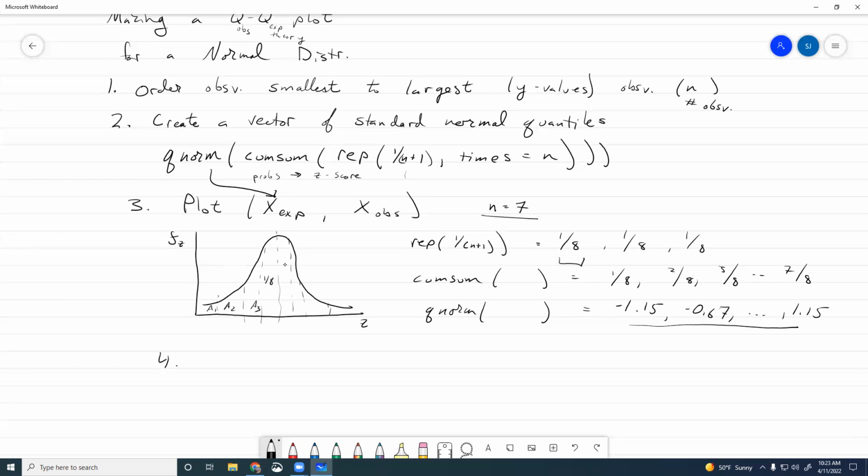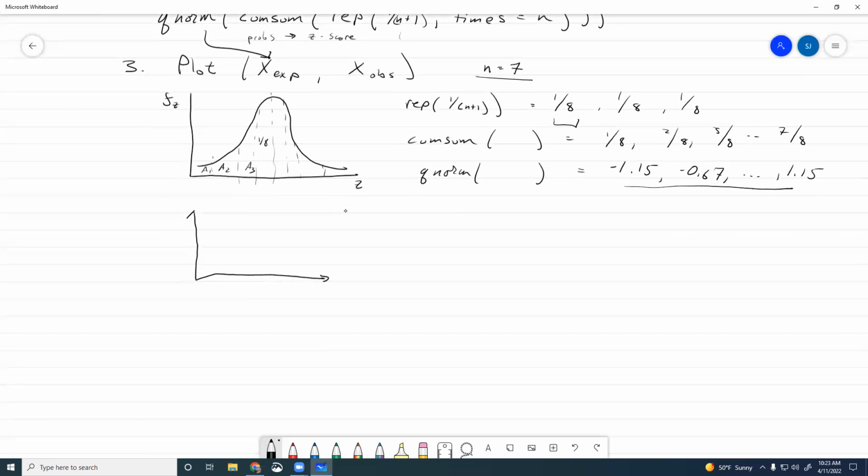And then finally, we can plot these. Actually, I'm not going to make that a new step because I already said that was our step. So we'll get our plot. So these are going to be our z-scores.